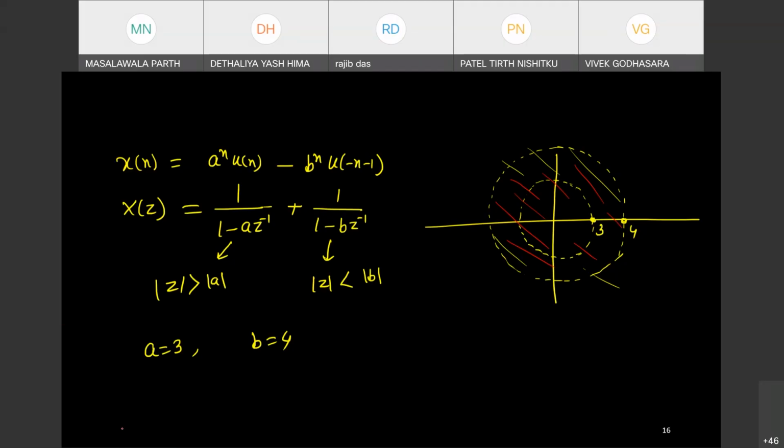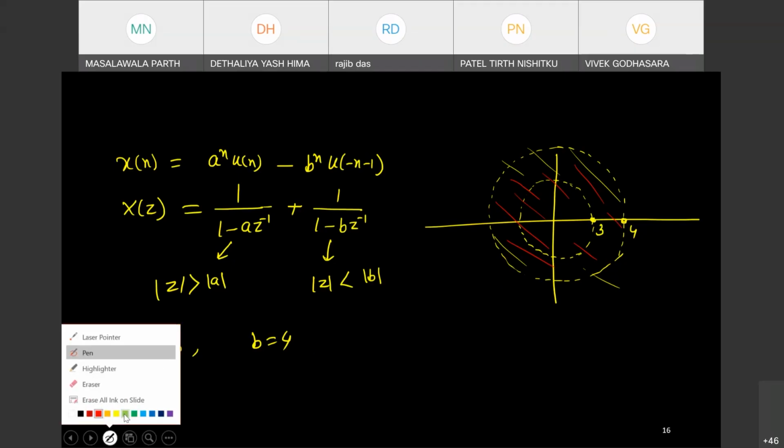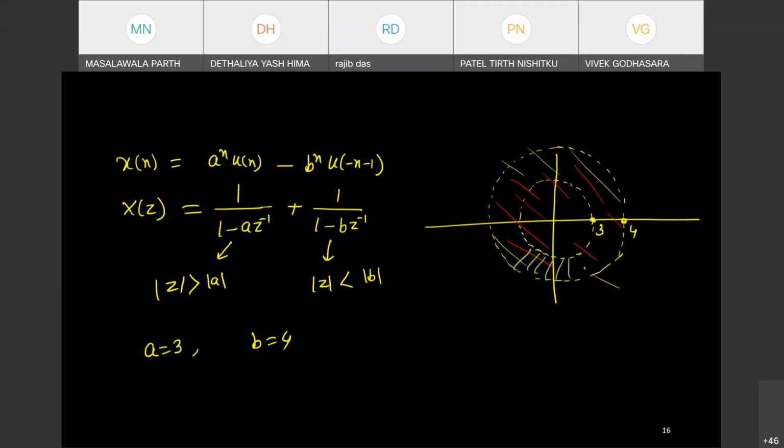In 3 and 4. So within the 3 and 4, this ring, no? So exactly this is your region of convergence. So mod z should be more than 3 but less than 4. So it's less than 4 and more than 3. Correct? Okay.